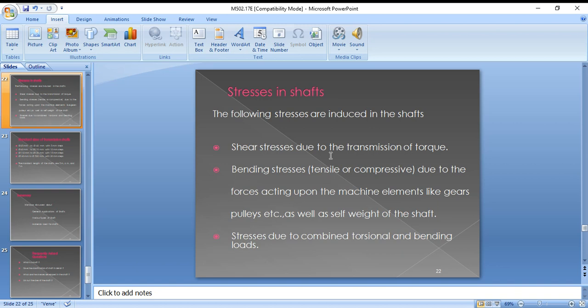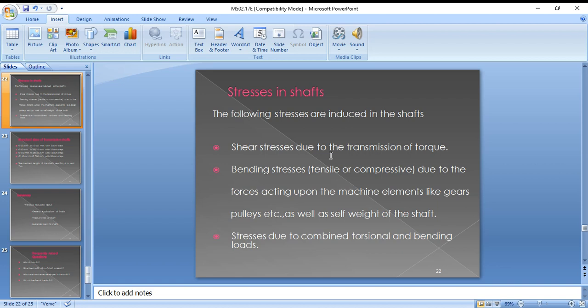Then, generally there is a bending stress, which can be either compressive or tensile, due to the forces acting upon the machine elements like gears, pulleys, and the self weight of the shaft. If it is light weight compared to the transmission, the bending stress can be avoided.